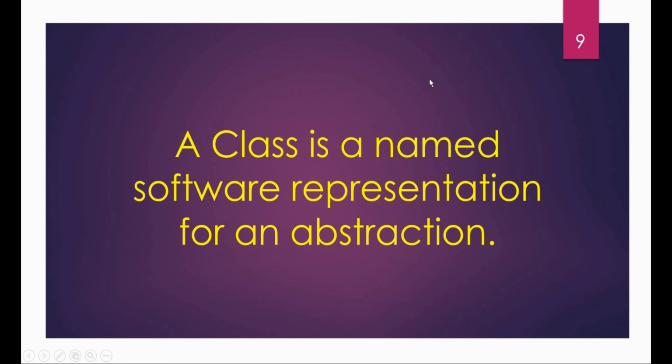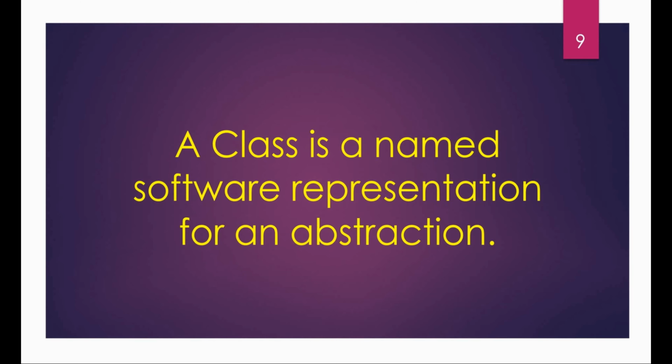We have a couple of statements which we will discuss, and the first one of them is: a class is a named software representation for an abstraction. These statements can come in the exam for you to justify them, and you can even write them in your own words once you are comfortable and confident and have completely understood this topic.